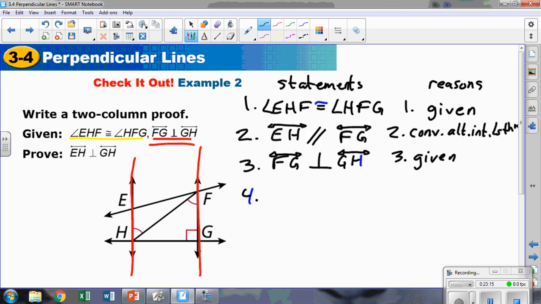And so now we're going to use the perpendicular transversal theorem. If your transversal is perpendicular to one line, then we know it's perpendicular to the other. That gives us EH, the other line, is perpendicular to the transversal also. And we're done.